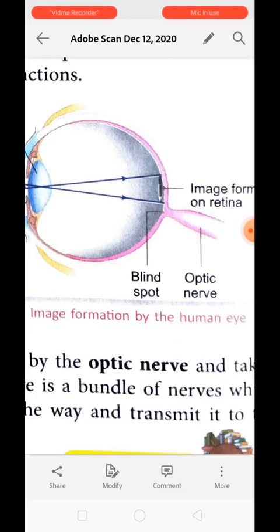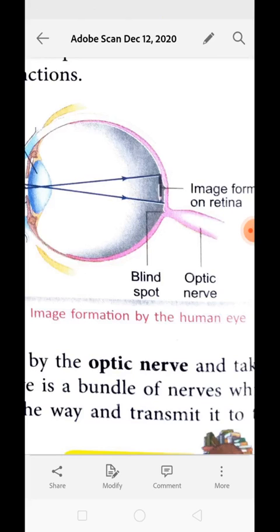Why does this happen? Because the right and left eyes each have their own image, and both images get overlapped by our brain, because our brain is sensing the impulses carried by both optic nerves. So these images get overlapped, and the area of the blind spot formed by the left eye can be sensed by the right eye.